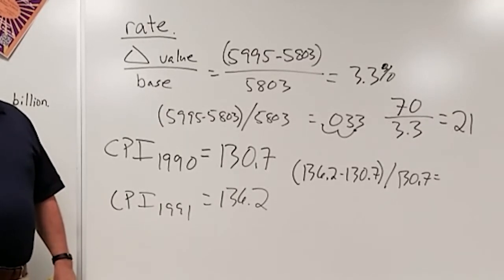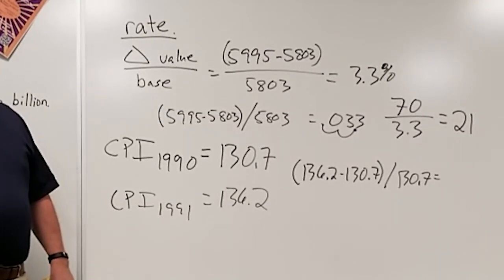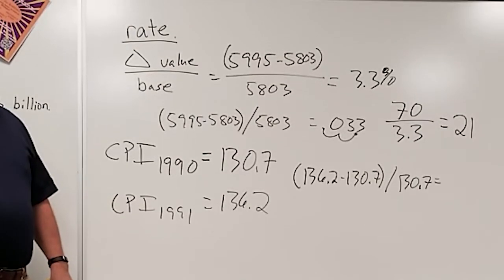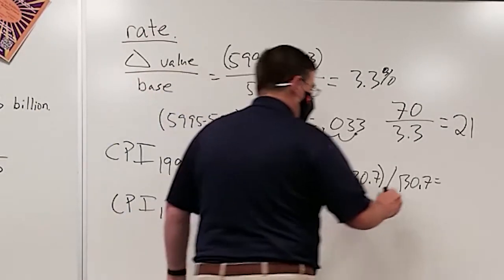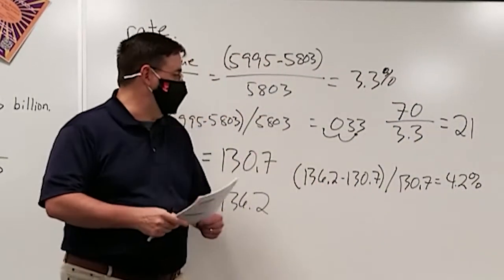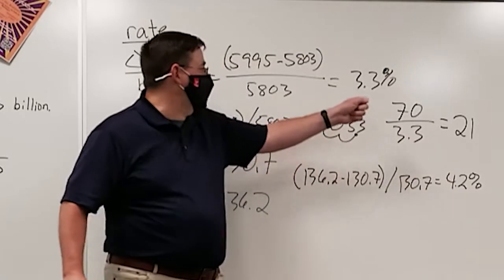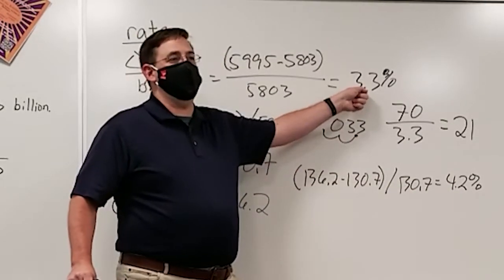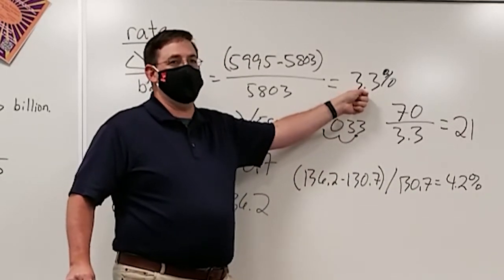I got 0.042. Okay, yeah, that's what he said. So 4.2%, right? If inflation goes up by 4.2%, but nominal GDP goes up by 3.3%, what has actually happened?